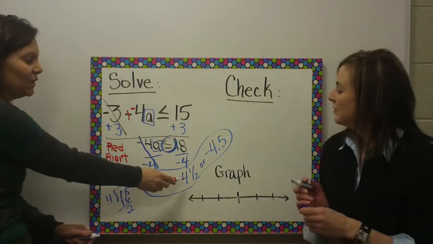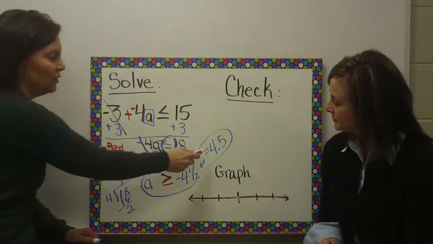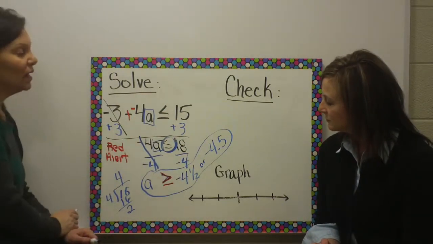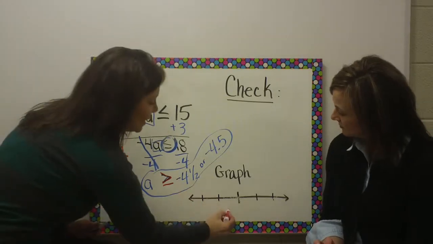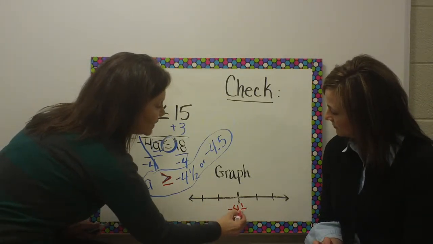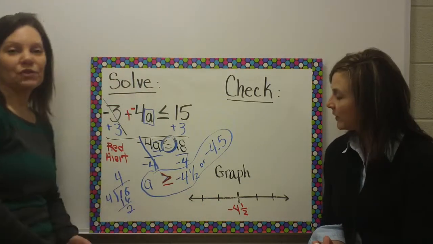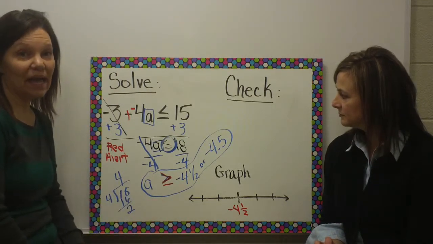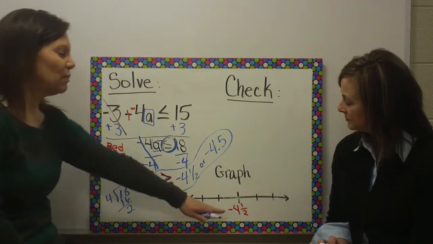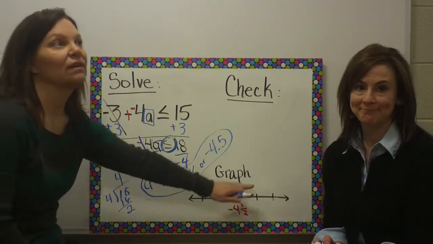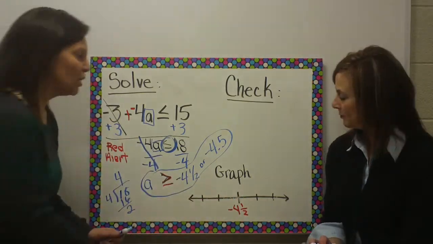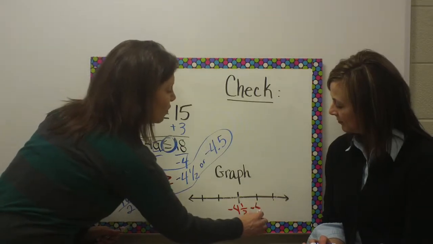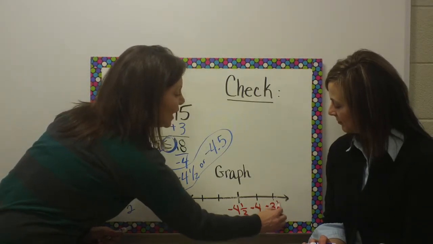Down in our graph, I'm going to take one of these values, either the rational number or the decimal form. I'm going to write -4 and 1/2 in the center. I need to choose an interval to count by. I could count by ones, I could count by halves. I'm going to count by halves. Remember, with negative numbers, we're thinking of temperatures that are getting warmer. So we're going to have -4, -3.5.